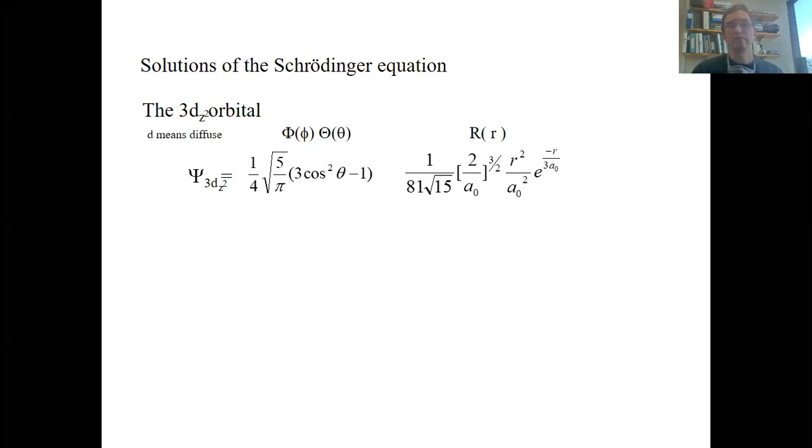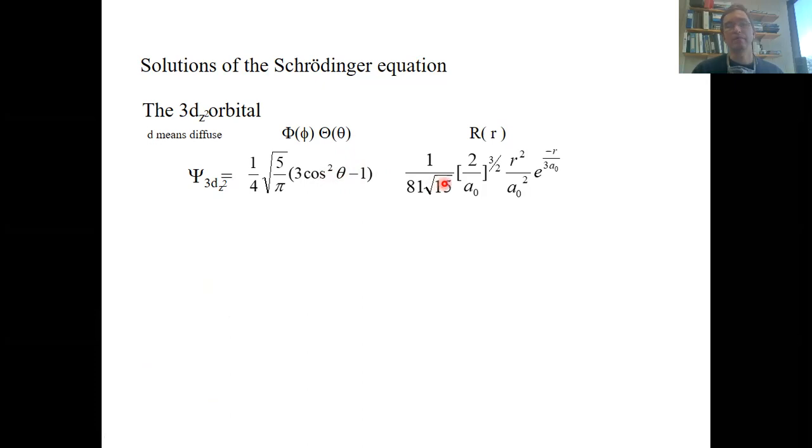We saw that the 3dz squared orbital is a function of theta, so therefore there must be angular nodes.